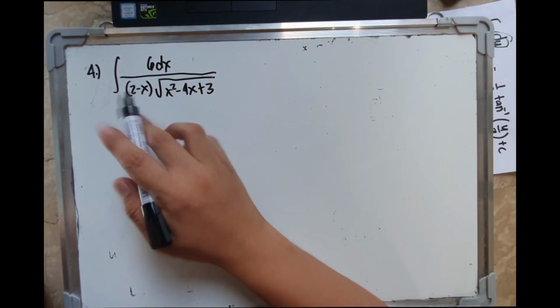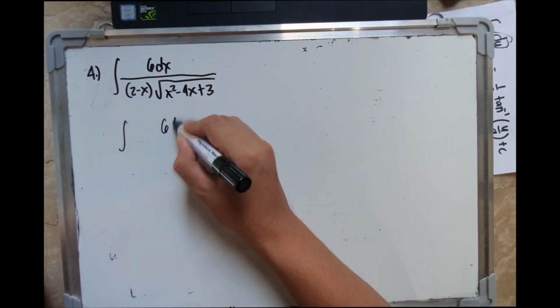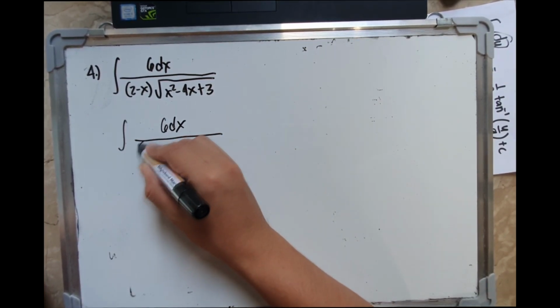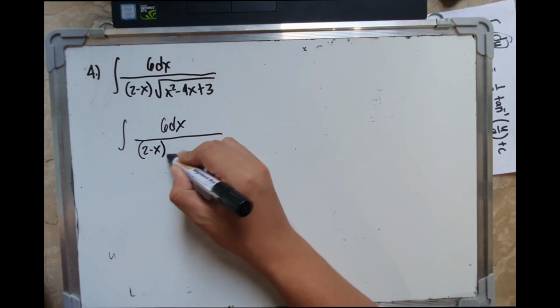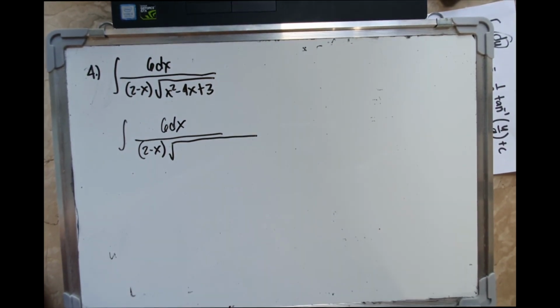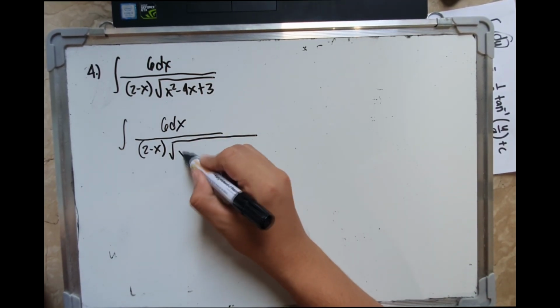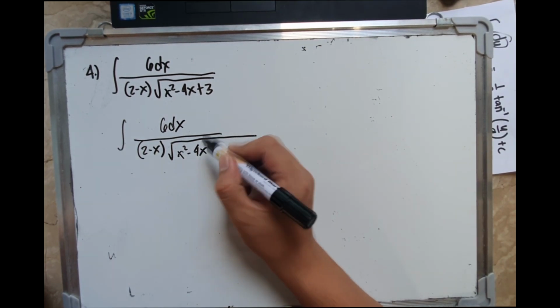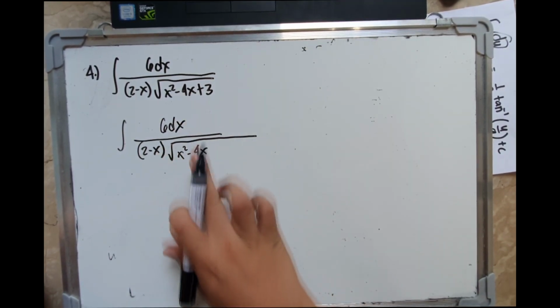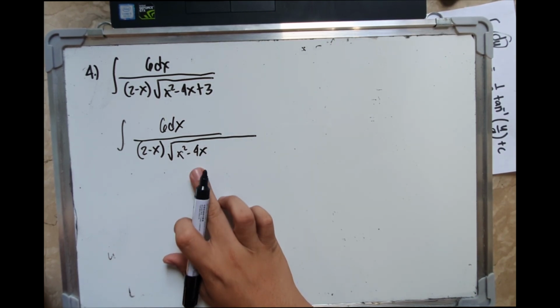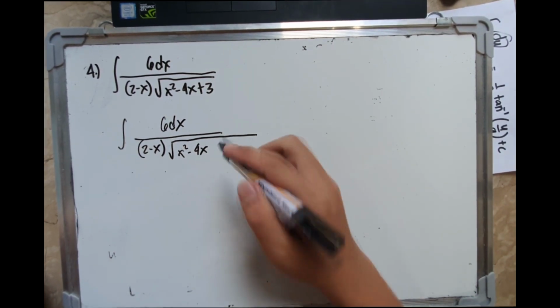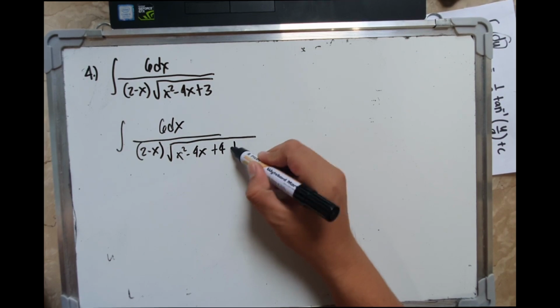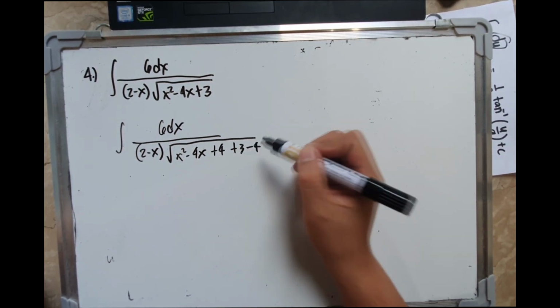So completing this one up, let's have 6 dx over 2 minus x, the square root of x squared minus 4x. 4 divided by 2 is 2, 2 squared is 4. So we're going to add 4 and we're going to subtract 4.